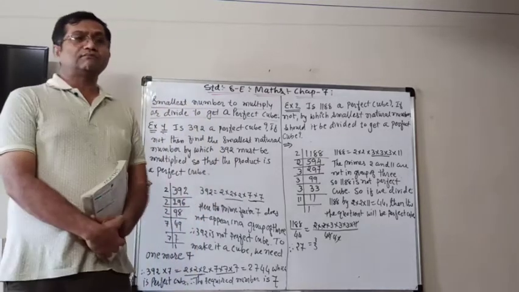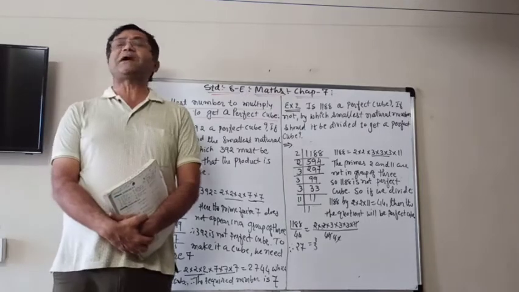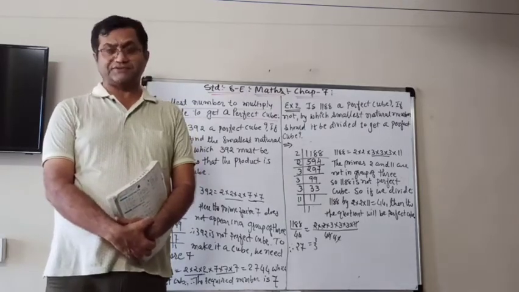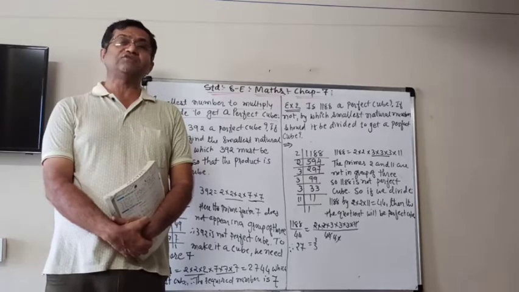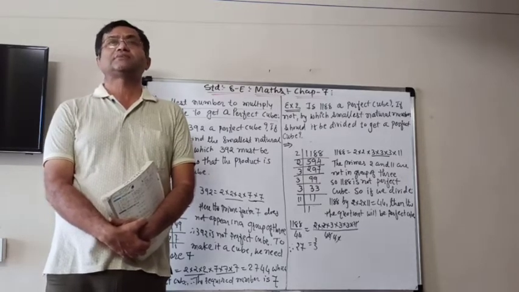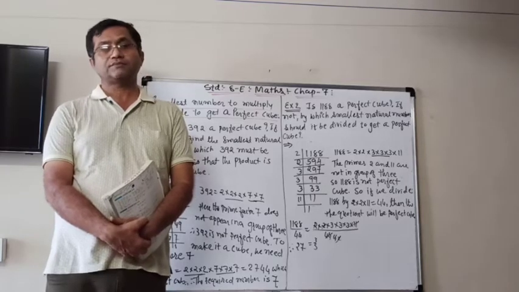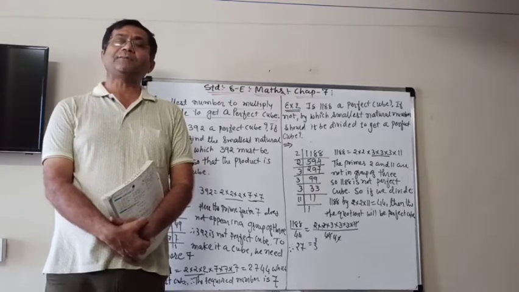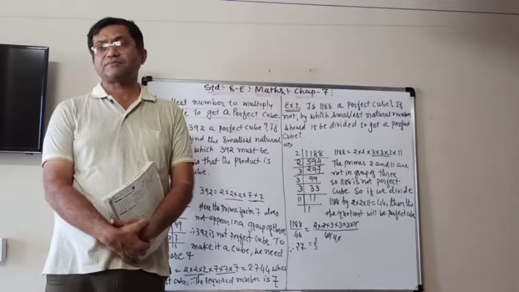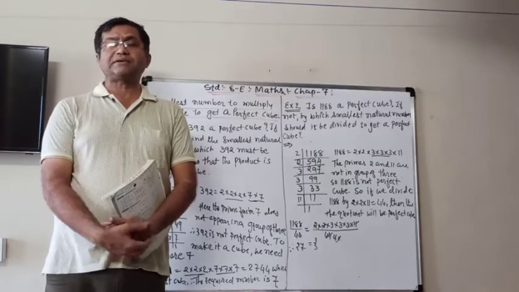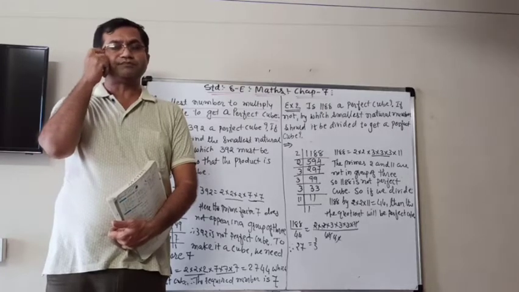And by finding the prime factorization of the numbers, we can decide whether the given number is a perfect cube or not. If all the prime factors occur 3 times, then that number is a perfect cube.